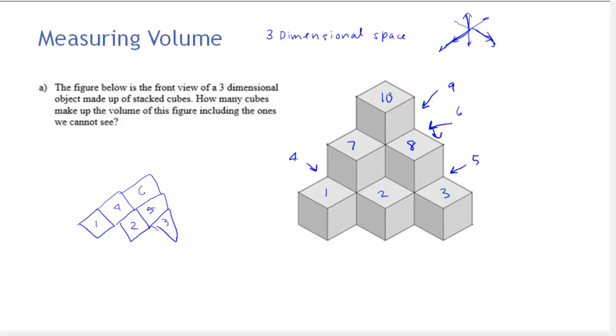Okay, so the volume of this figure is 9 cubes. And we weren't told the length of the cubes. We typically measure volume in cubic inches. So for here, since we don't know what this length is, we'll just say 9 cubes. Okay, let's look at the next one.